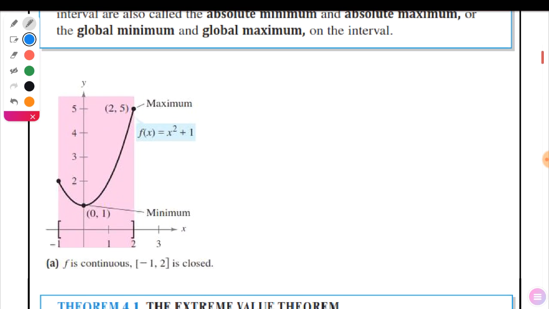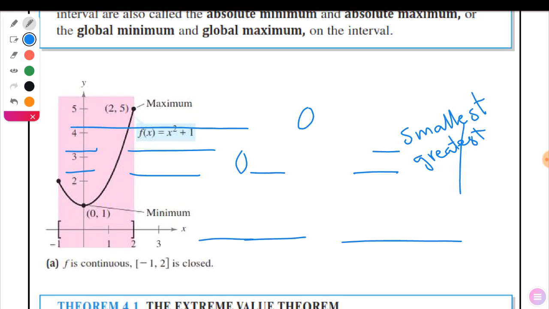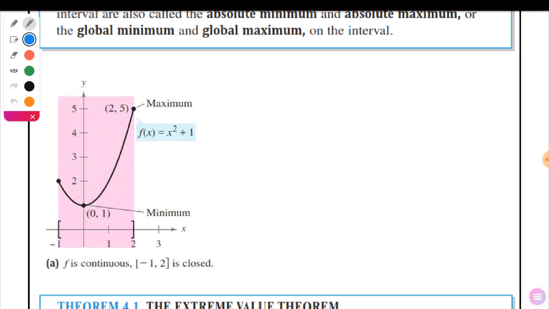Okay. Here, I'll show you something very, very important. Please focus with me. As you see from the graph, the least value of the function is at the ordered pair (0, 1), and the function has its maximum value at the ordered pair (0, 2).